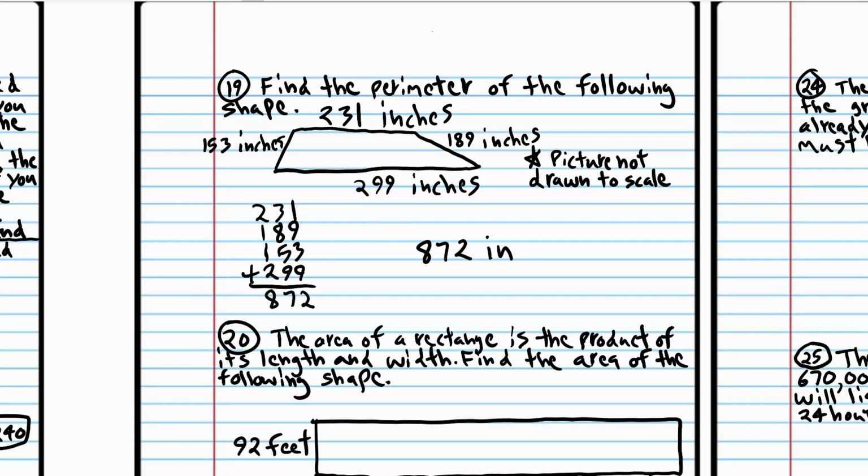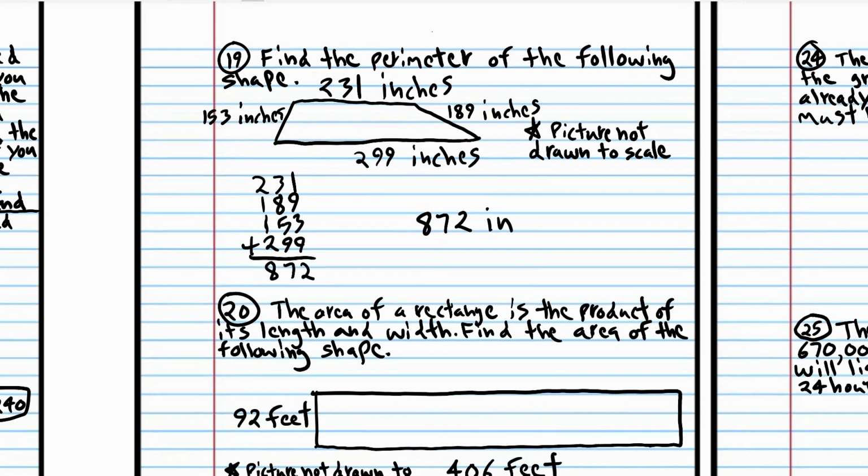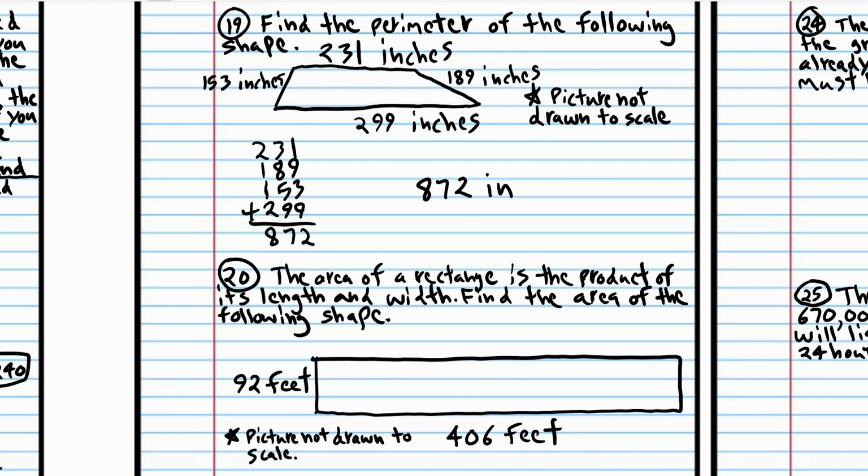Inches. And again, this picture is not drawn to scale, so don't criticize me for saying that this is 231 inches. It's not. This is about maybe 1.5 inches at the most. So the final answer is 872 inches. IN stands for inches.